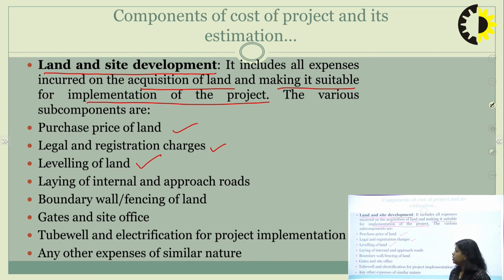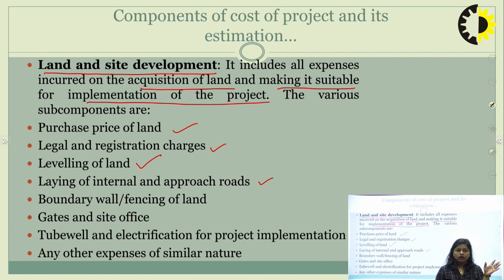Then laying of internal and external and approach roads. After leveling the land and making it suitable, we also need to have roads, because otherwise we can't reach that land. You can see in your surroundings that there are a number of factories and development plants which are outside the city, where you can see that the roads are intentionally developed.